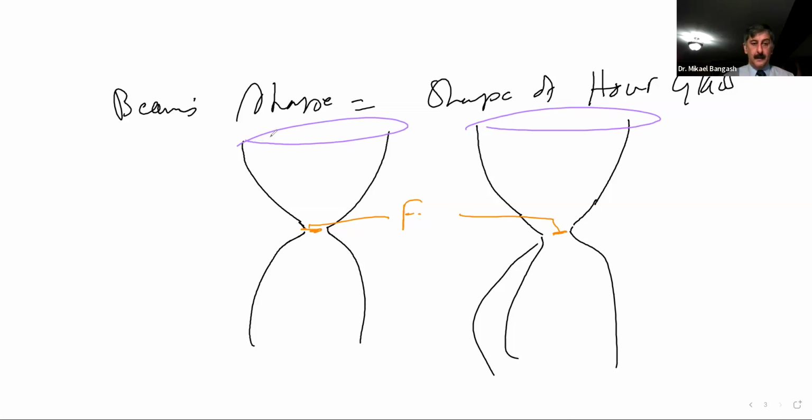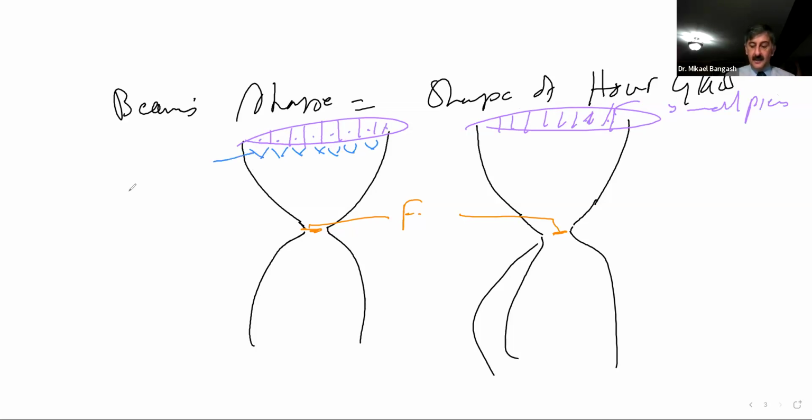Now, what the whole concept mainly is, is that this PCG here is divided into small pieces. Each piece of the PCG will produce their own waves.